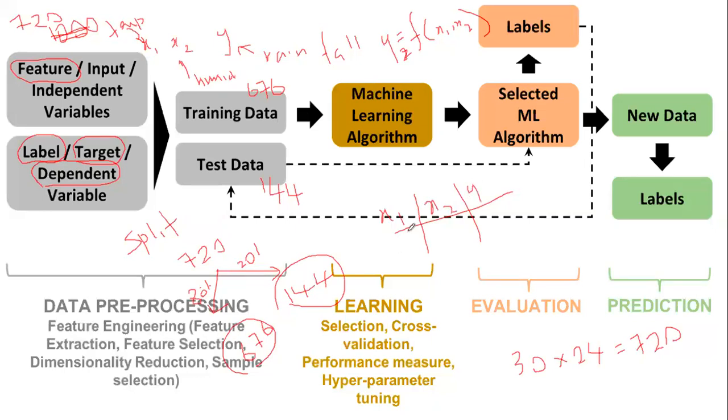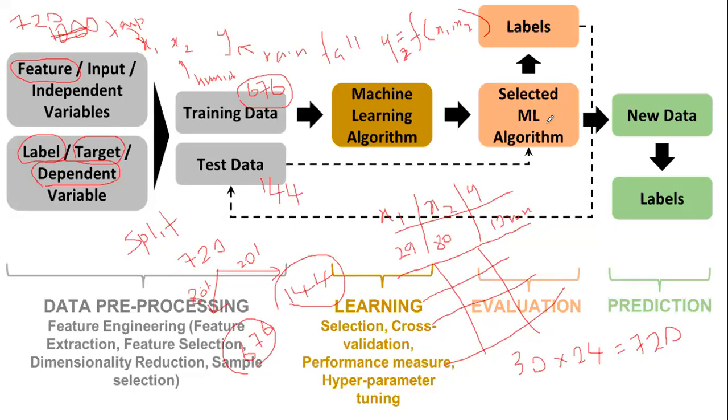For the first hour, let's say the temperature is 29 degrees, humidity is 80%, and rainfall is 10 millimeters. Likewise, we input all these data points and ask the computer to learn the relationship between y and these two x's.